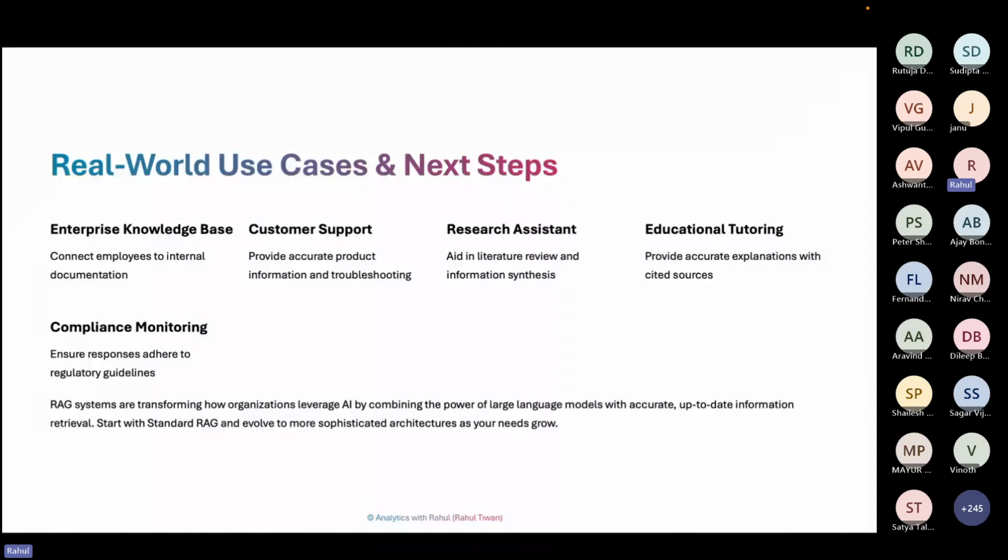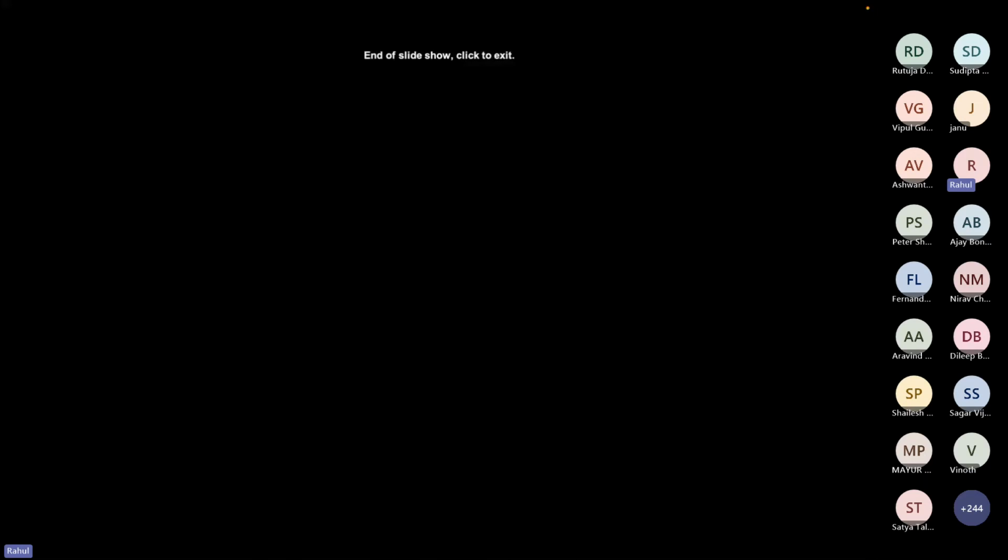RAG systems are transforming how organizations leverage AI by combining the power of large language models with accurate, up-to-date information retrieval. We can start with a standard RAG and slowly expand it into more sophisticated architectures as you grow further. So with that, let's take one example so that we'll get the idea also.